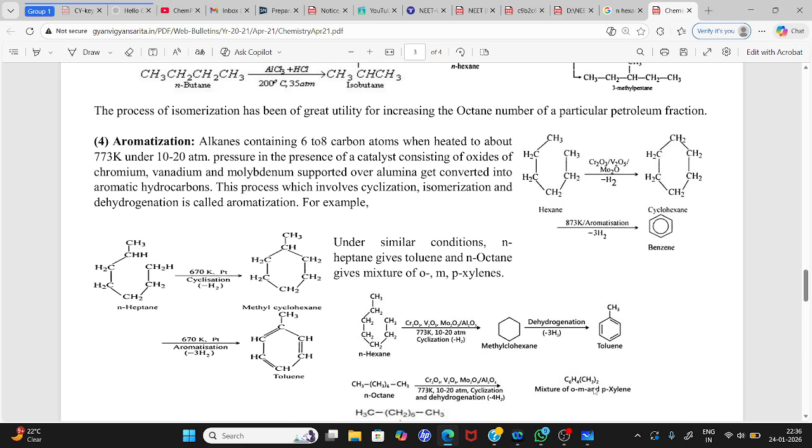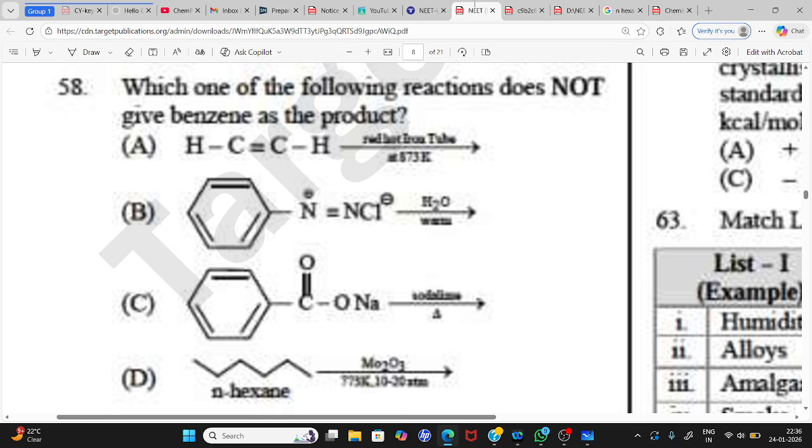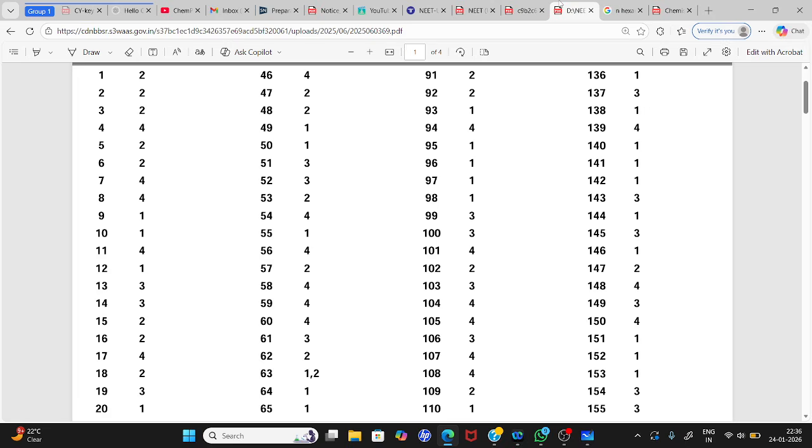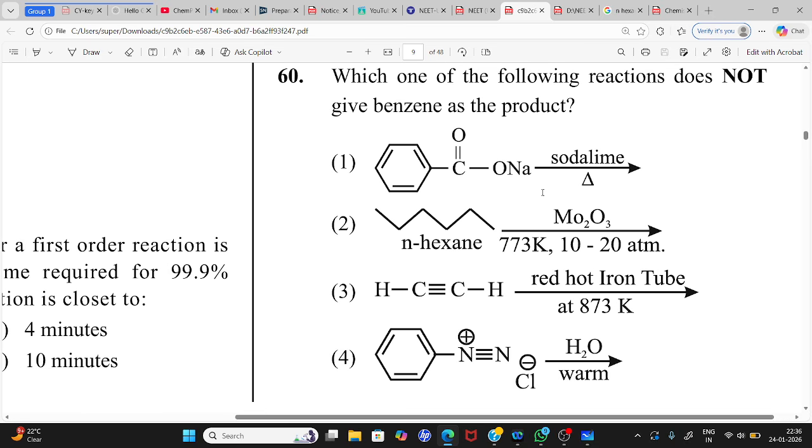You can pause the video and take a screenshot of the aromatization part if you want. So this case forms a benzene ring. So we are getting a benzene ring for number one, and for number two as well. So number one and two are not the answer because it says does not give benzene as the product.